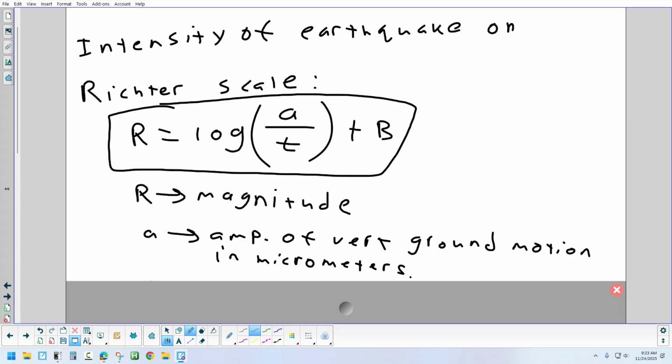But a lot of times they're going through land. And that's why it causes lots of problems with buildings, because the ground is flexing like a wave. And if the building's not designed to handle that movement, then it would have some damage. Okay, so A is the amplitude of the vertical ground motion.